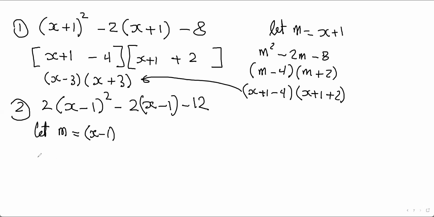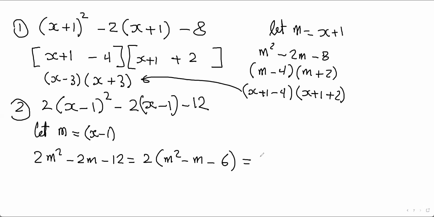Therefore, now I could rewrite this question as 2m squared, because m is x minus 1 and then squared, minus 2m minus 12. This here, I have to take out the greatest common factor, which is 2. And I end up with m squared minus 1m minus 6. And then I factor this into two set of brackets.